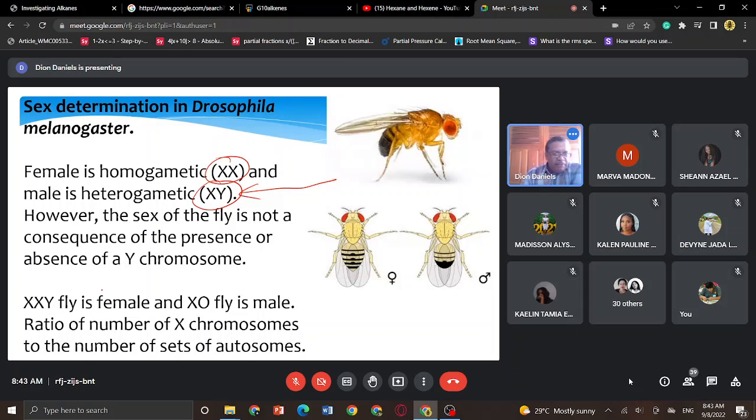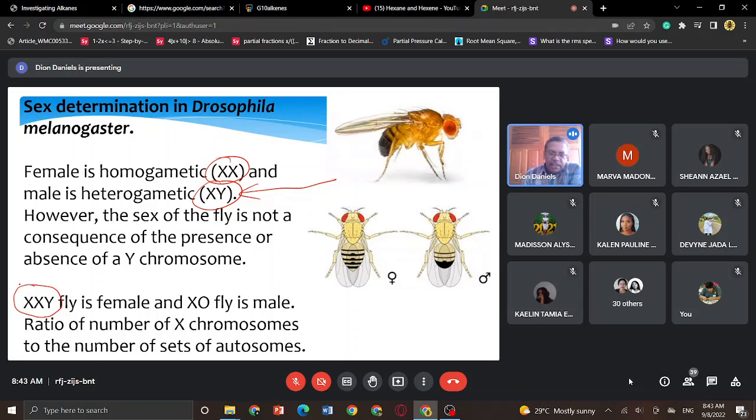XXY fly is female. So you notice the presence of the Y chromosome there, but this fly is still a female. Why? What determines sex here? It's the ratio of the X chromosomes and the autosomes. All right?